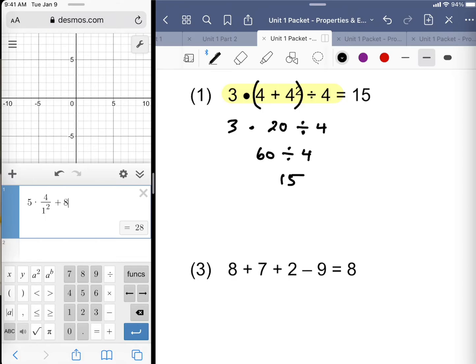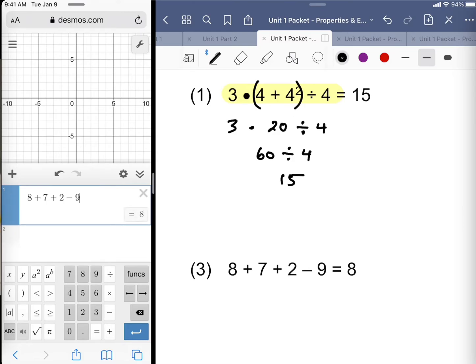If I can make this equal to an 8 somehow, I'll be in good shape. Now, sometimes it just jumps out at you, right out of the screen. If you want, just type in the original expression and see what happens.